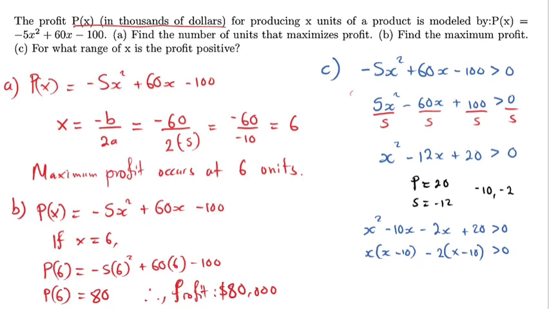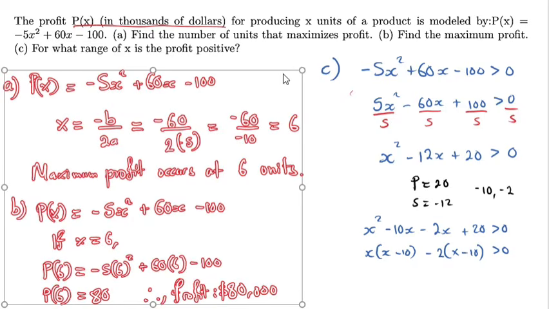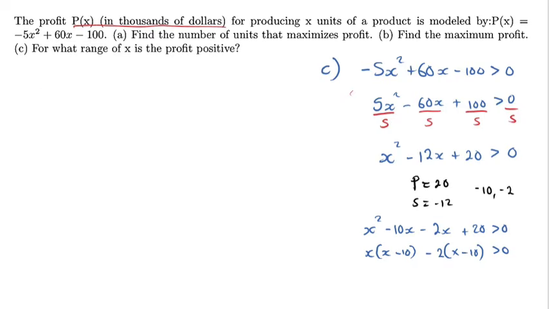Let me create some space here. I can factor out x minus 10 because it's common, and what I remain with is x minus 2. Remember, all this is compared with 0.